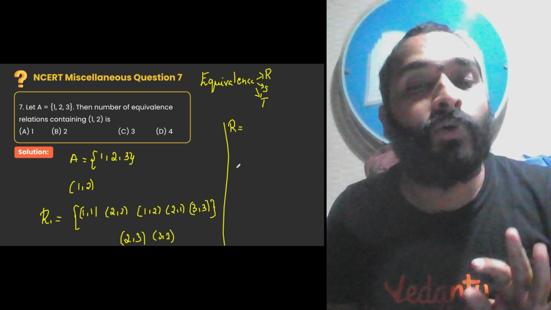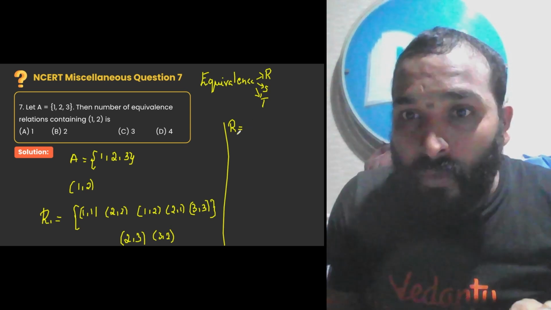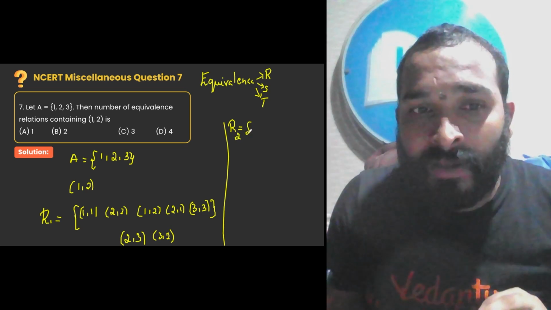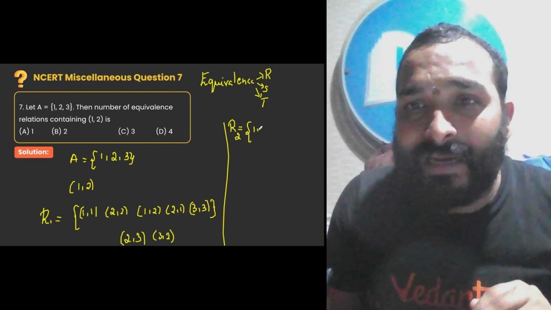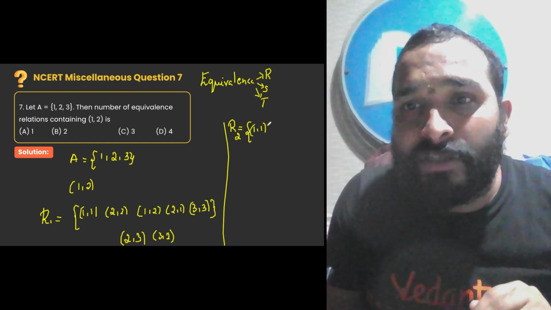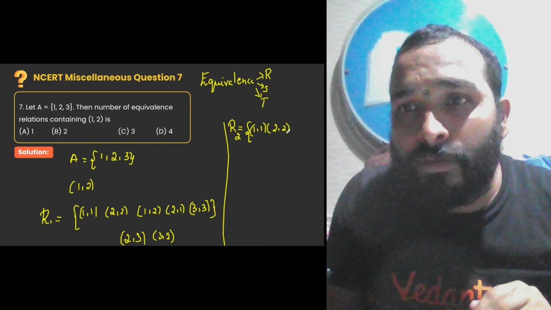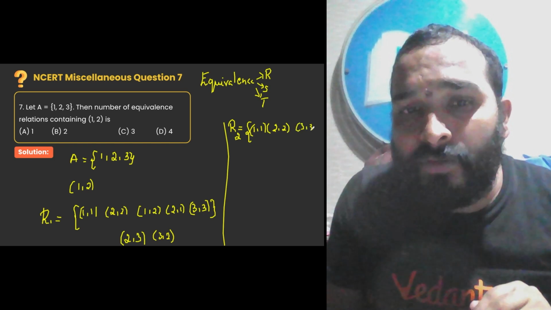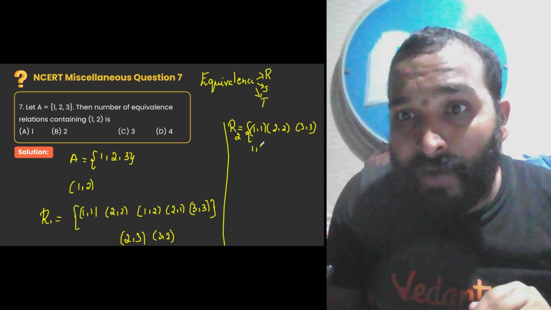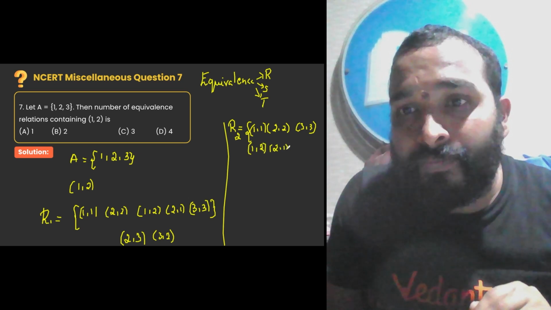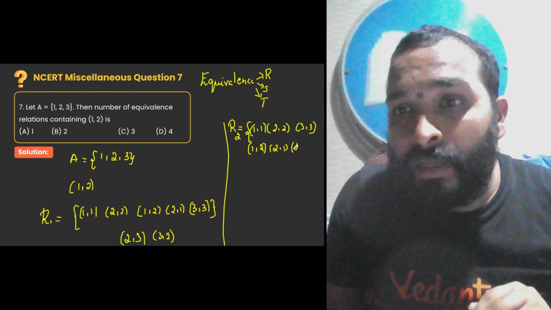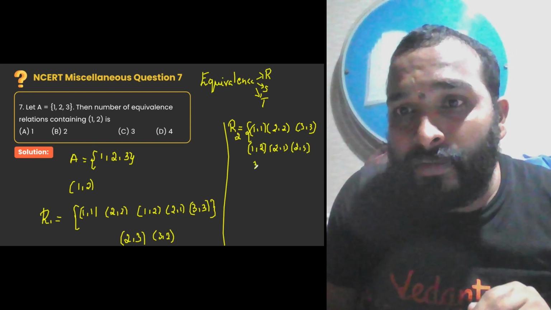So if you're adding 2, 3, then you must add 3, 2. In that case, your equivalence relation will become 1, 1, 2, 2, 3, 3, then 1, 2, 2, 1, then 2, 3, 3, 2, right?